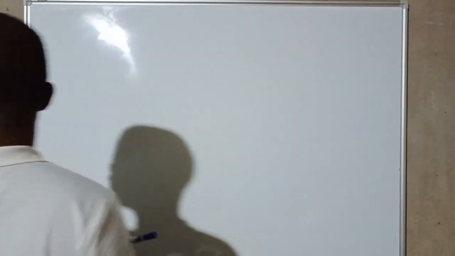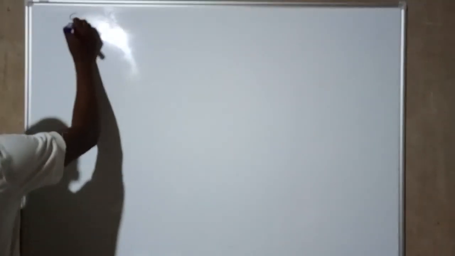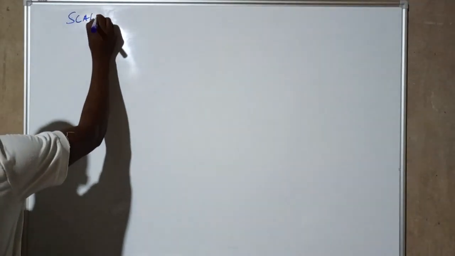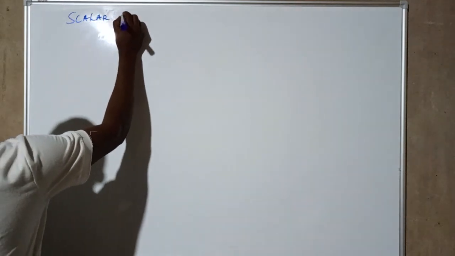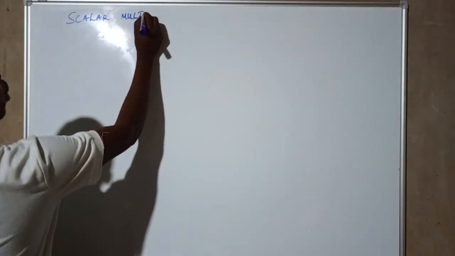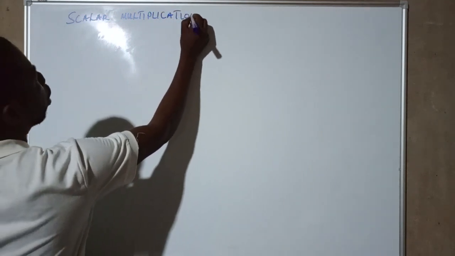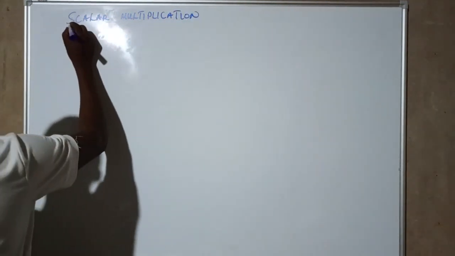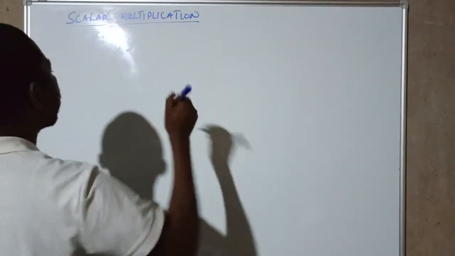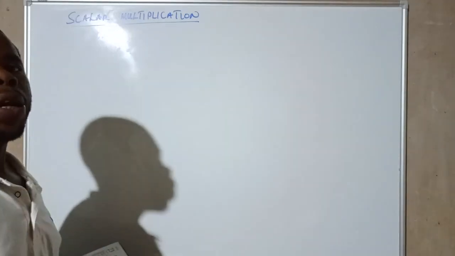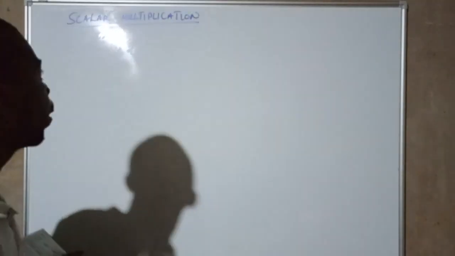So we are going to look at scalar multiplication. Very important you understand. A scalar is any number that is written in front of a matrix.